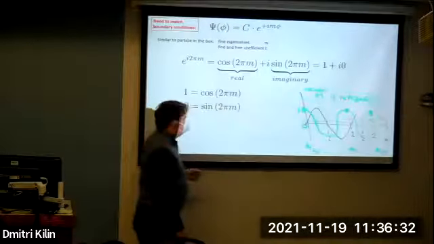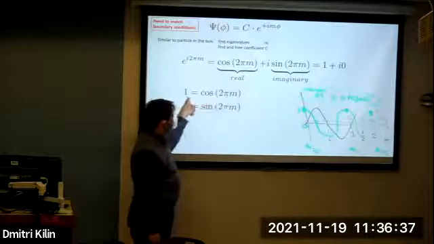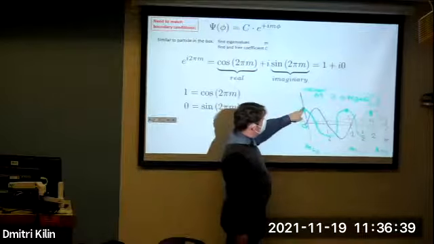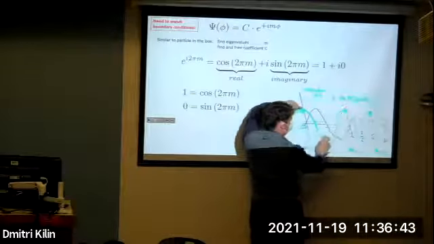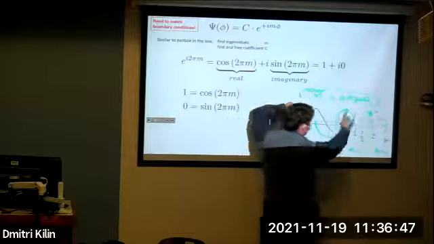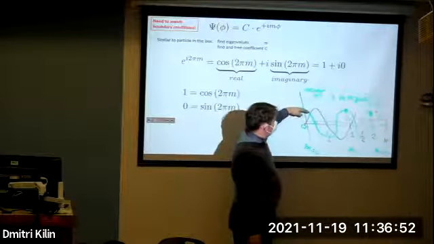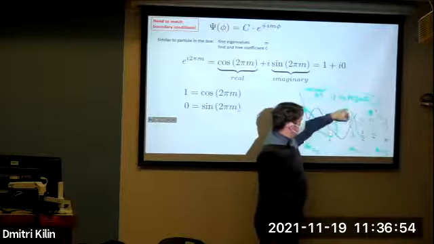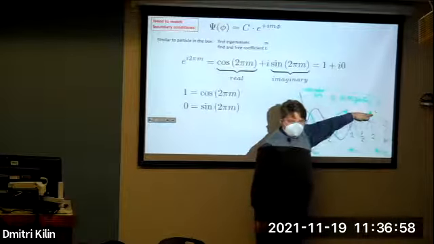But let's double check with cosine. Cosine 2 pi m equals 1. So it will be a solution for 0. And the next solution will be for m equals 1. This is not working for cosine, for the real part, at 1/2. Then the next one will be for m equals 2, right? Anytime cosine makes a cycle and touches the line cosine equals 1, it will be a solution.